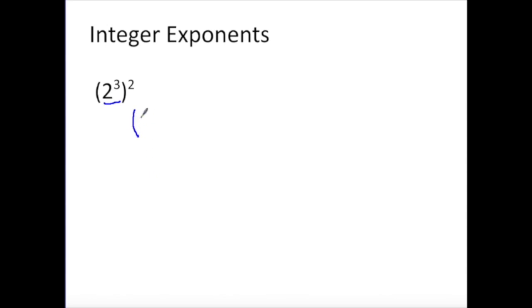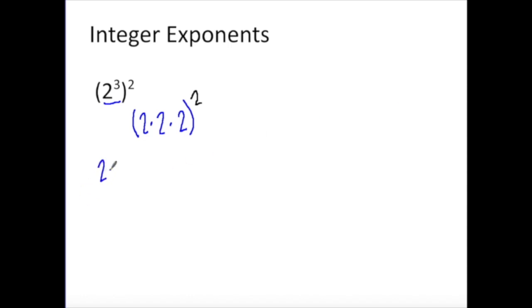So 2 to the 3rd power is 2 times 2 times 2. Now, let's put this exponent of 2 up here. That 2 tells me that I need 2 groups of what is in that parentheses. So I need to do this twice.